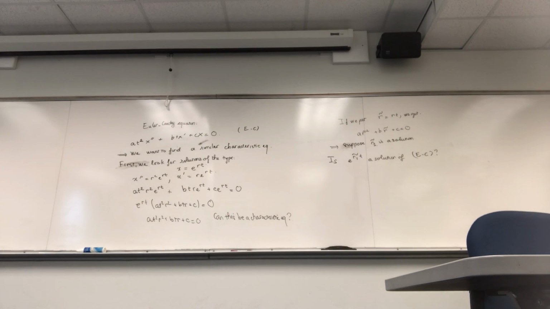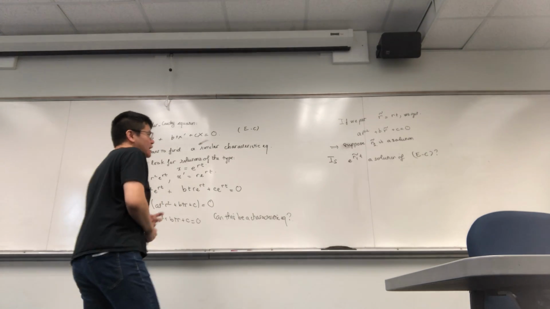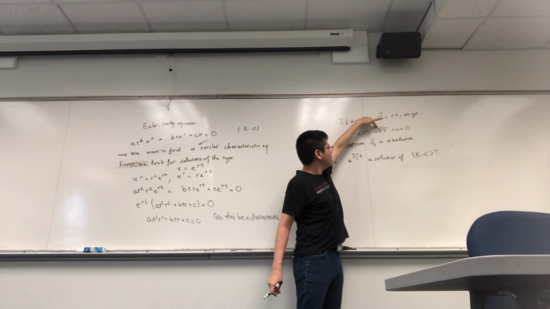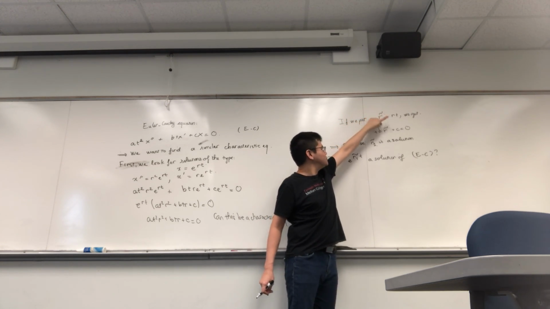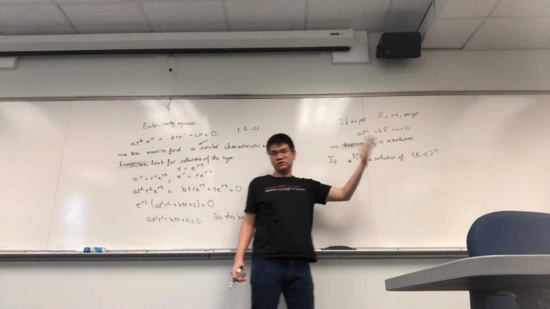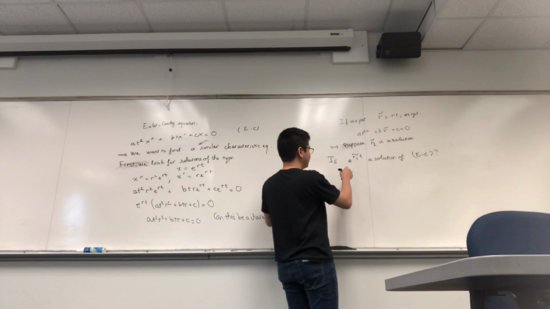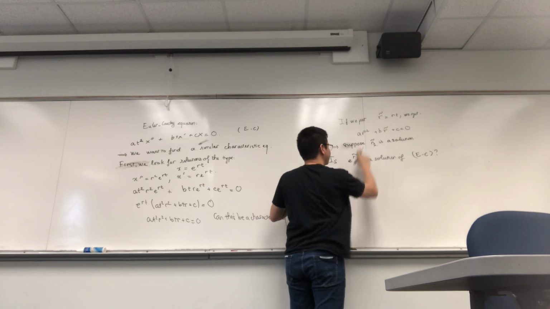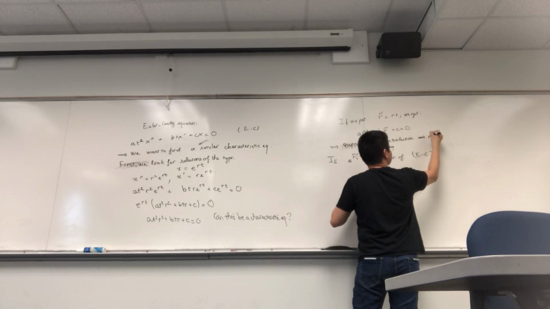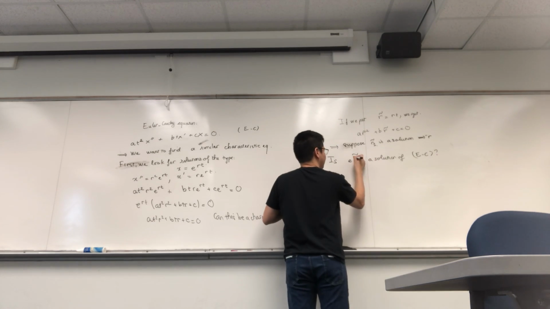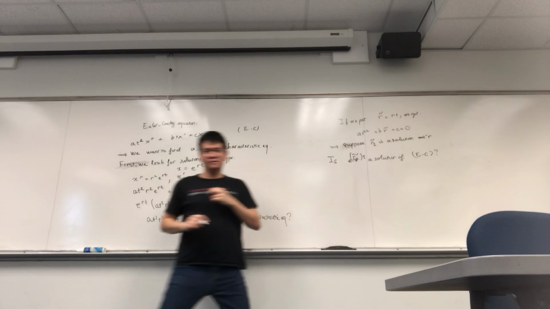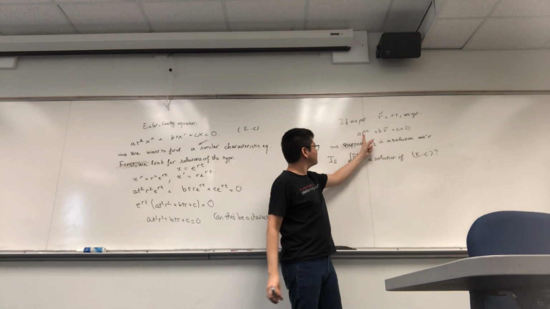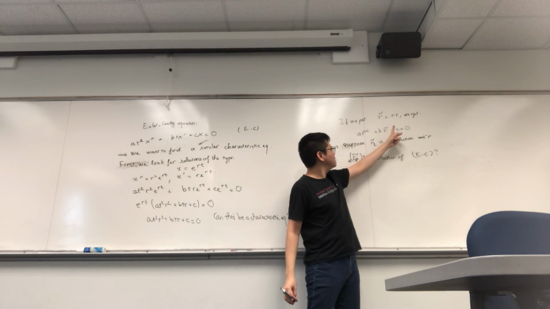So I followed the idea. What we did is we put r tilde to be rt, we get an equation a r tilde^2 + b r tilde + c = 0.